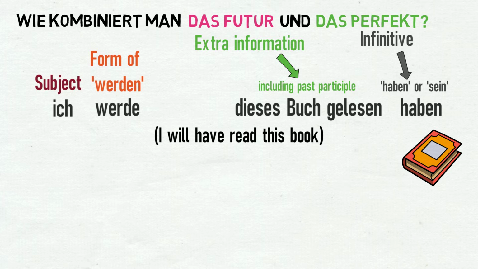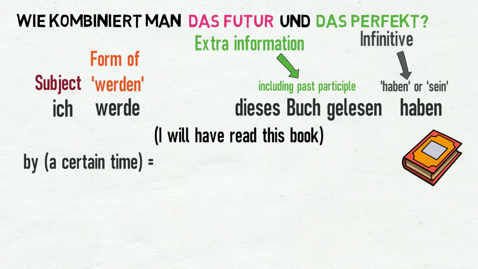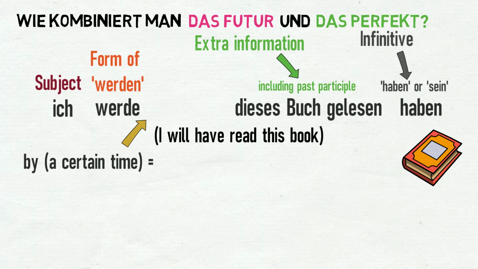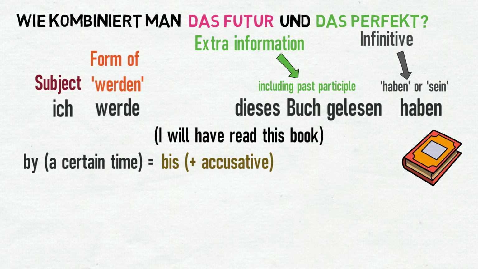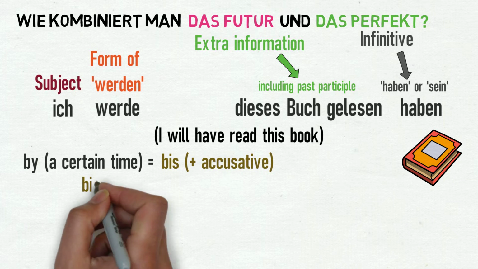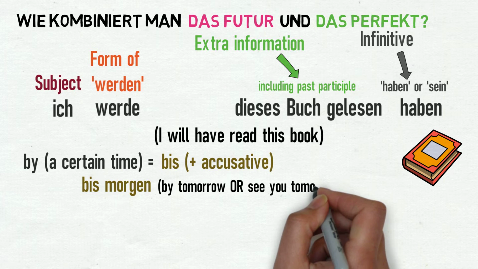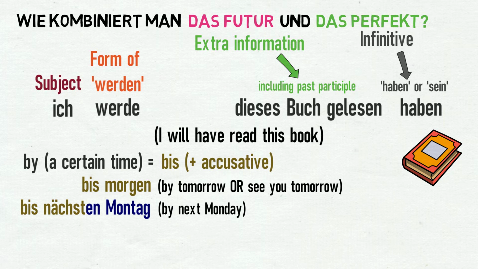If you want to include phrases such as by a certain time, these will go at the start of the extra information section. In this case, by is bis, and the accusative case is used. Some useful phrases are bis morgen, by tomorrow. This can also mean see you tomorrow as a way of saying goodbye. Bis nächsten Montag, by next Monday.